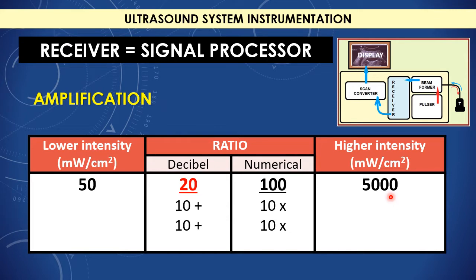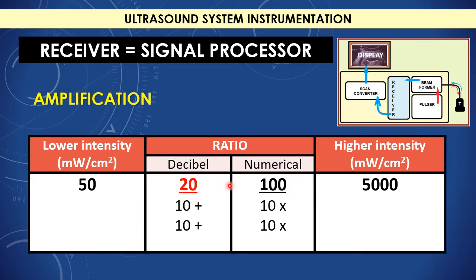To know how this happened, we need to understand that decibels go by plus or minus, the changes of decibels are added or subtracted. So 20 decibels can be understood as 10 plus 10 decibels. Each one is equivalent to what numerical magnification?